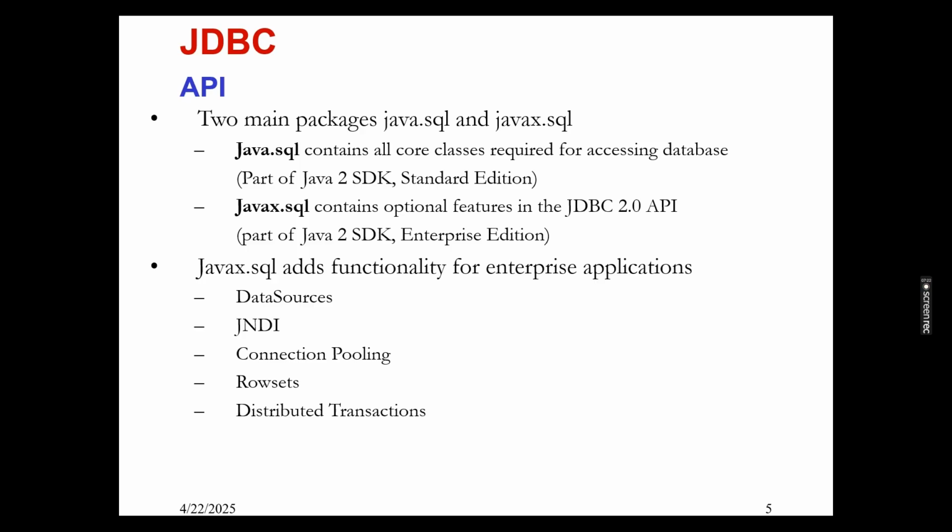Say for example, I have a service on a remote system, I want to connect to that web service and access the data or result retrieved from it. Then we can use JNDI, and we can also use the connection pooling objects within javax.sql.